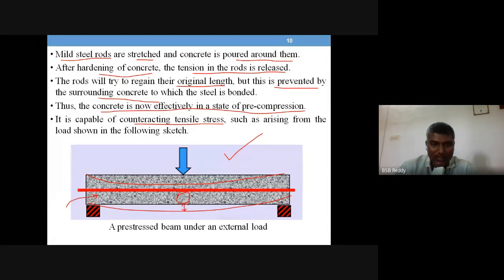Okay, so that we can enhance the strength of the beam: the more load you apply, the more tensile stress will develop, and that is being counteracted by the concrete.